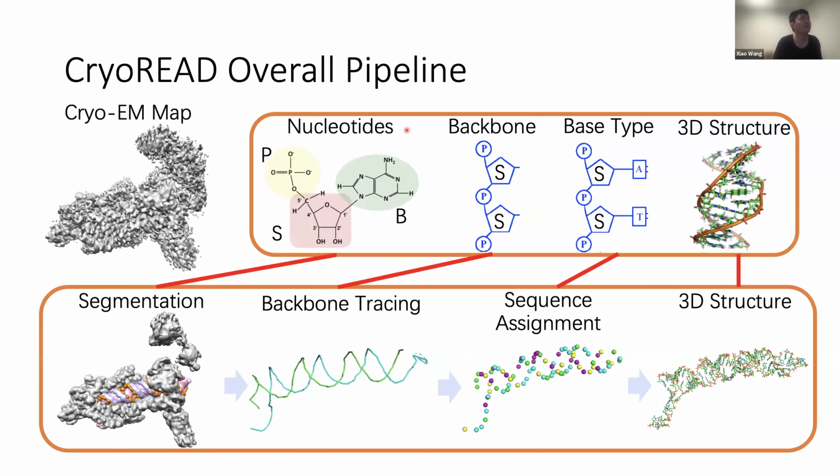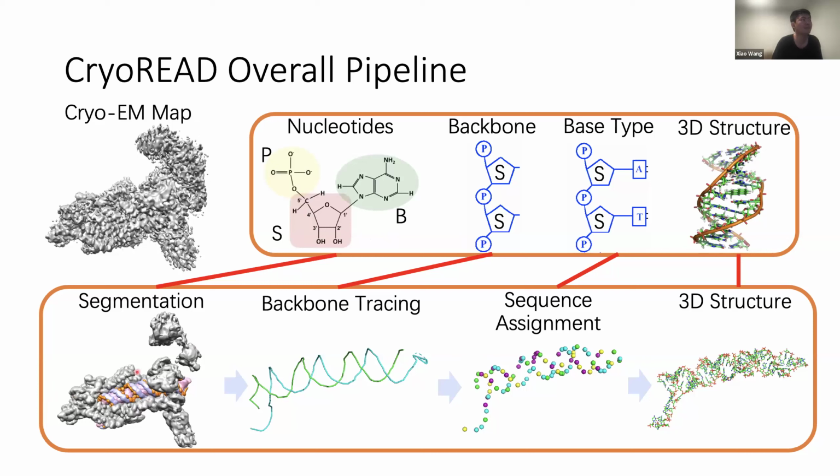So first, I will briefly introduce the CryoREAD pipeline. CryoREAD's overall idea is from the bottom to top. Since the basic component of DNA and RNA is the nucleotide, and it includes phosphate, sugar, and base, we use deep learning tools to detect that information from CryoEM maps, and from there we trace the phosphate backbone from the segmentation results.